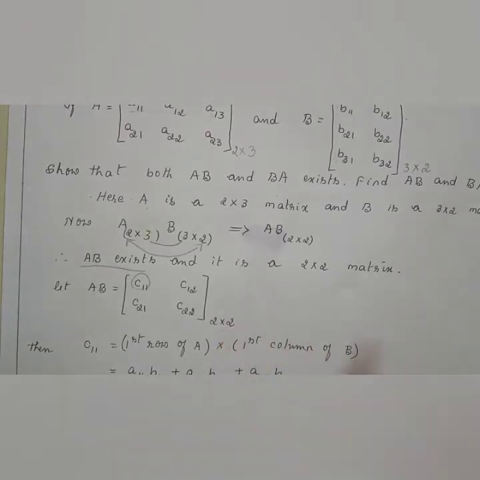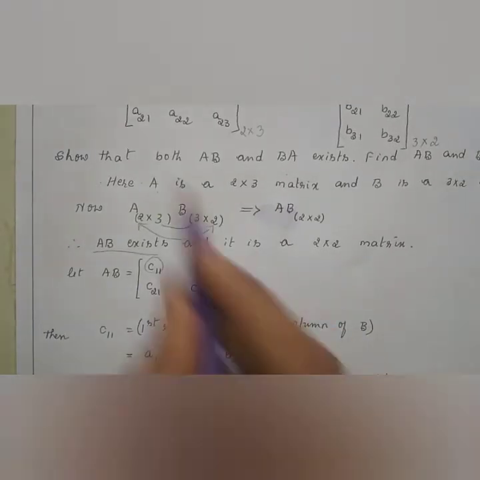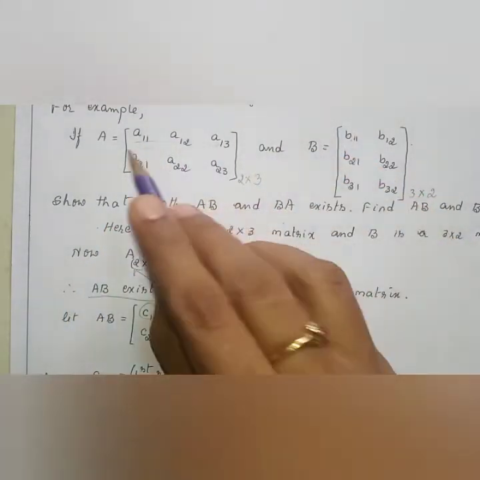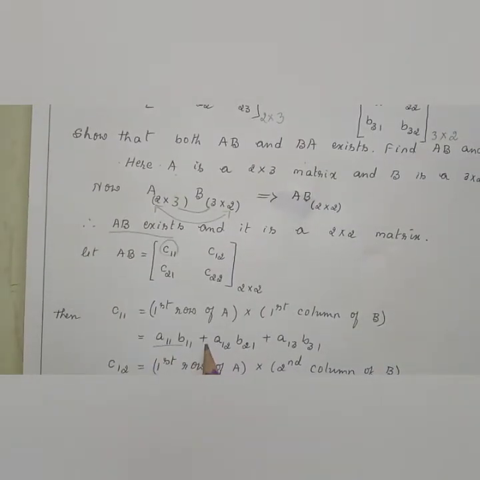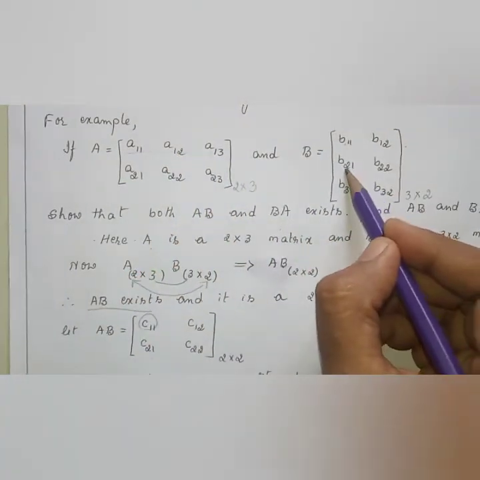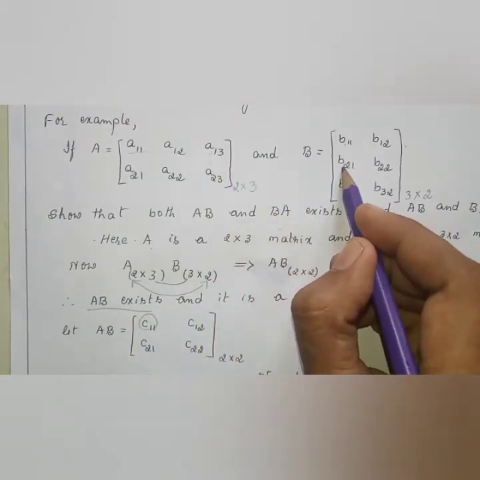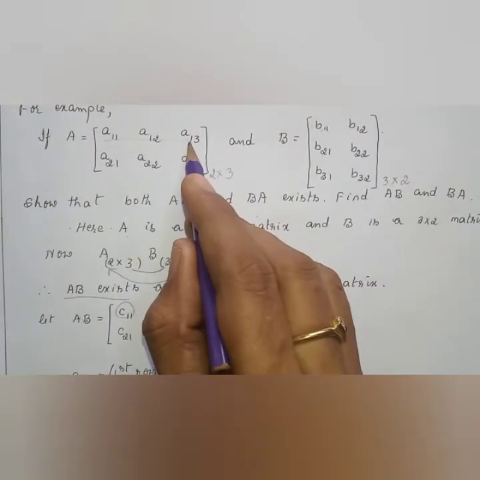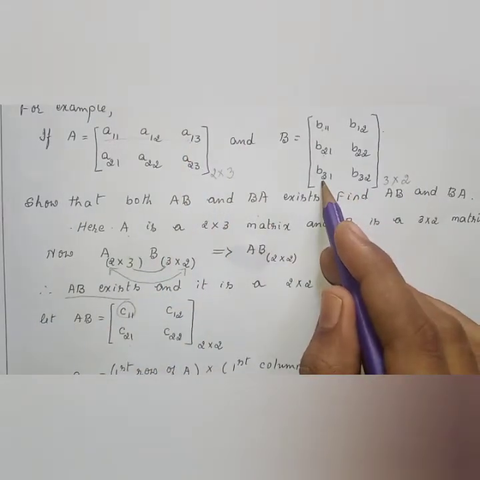I have to multiply the entries. How to multiply the entries? A11 into B11, plus A12 into B21, the second entry, plus the third entry of the first row, A13 into B31.